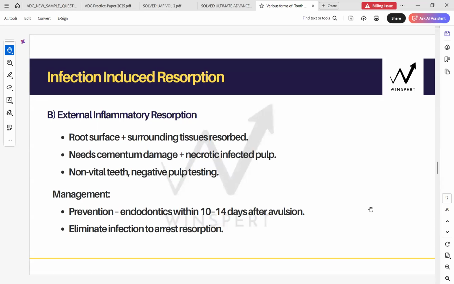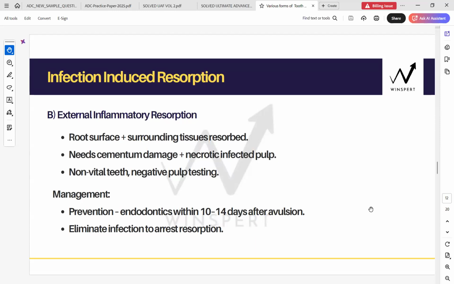Or replacement, right? This is trauma when it got accompanied by infection. That is why it comes under the category of infection induced resorption. It is not trauma induced directly. Right, Ibadat? Understood? That is why it changed its category.